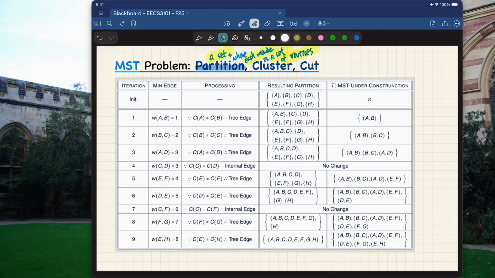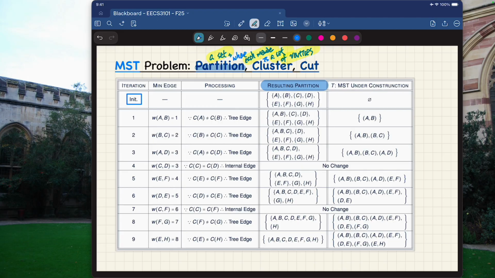You will see in the tracing table, this particular column talks about, for each iteration, the partition we got from that iteration. You definitely got lots of examples from Kruskal's MST algorithm. Let's take a look at an example just to begin with. In the very initial stage, actually this is the initialization stage, beg your pardon.